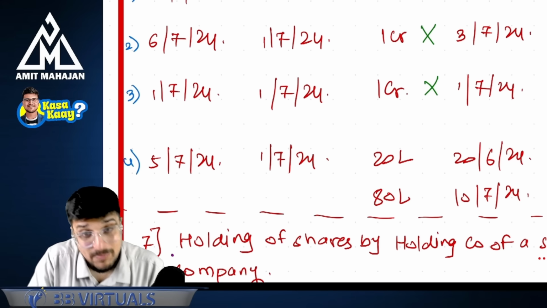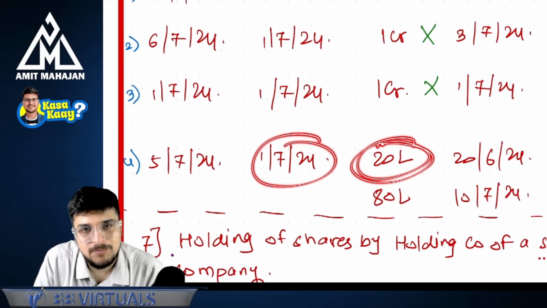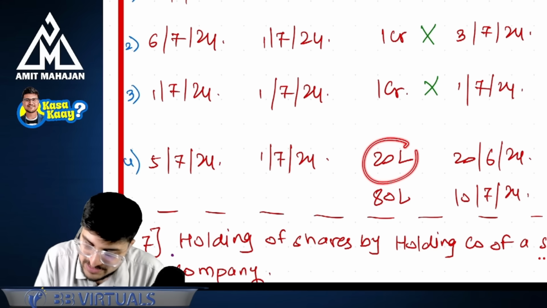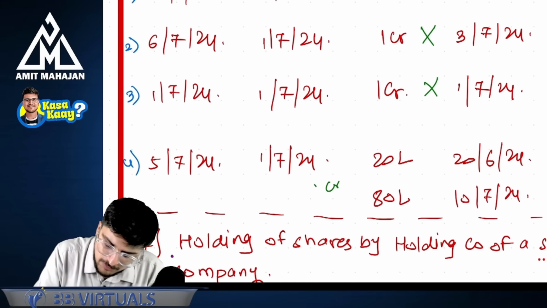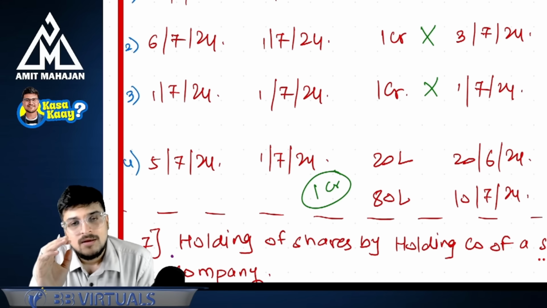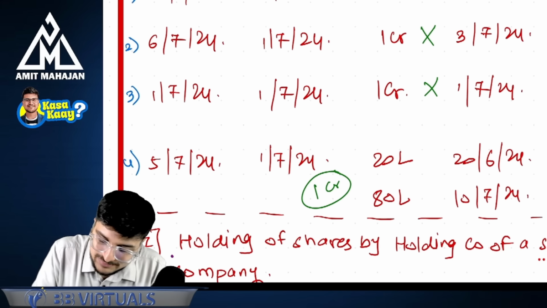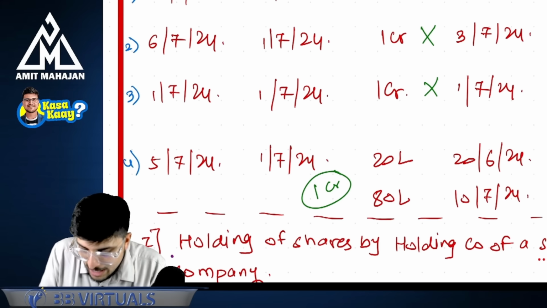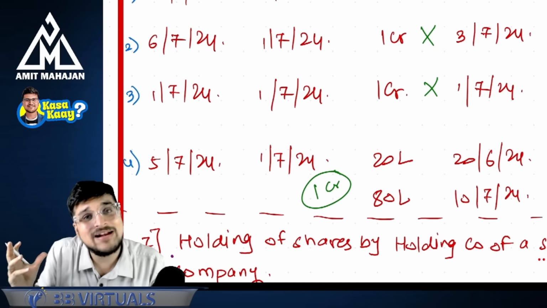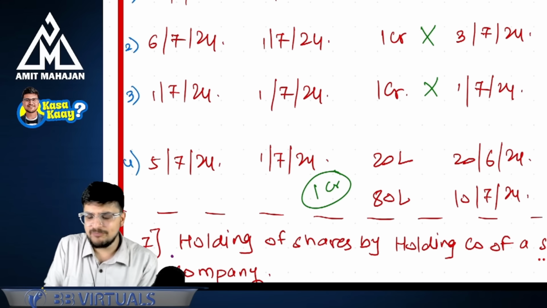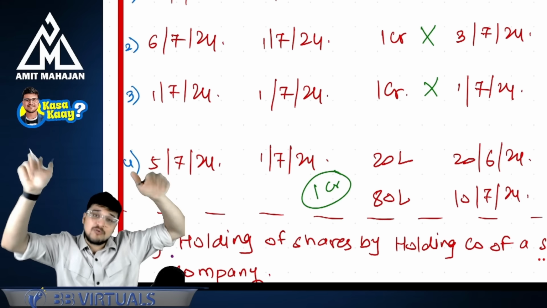Now many of you must be saying that sir, you have received consideration of 20 lakhs prior to 1/7, so there should be GST only on 20 lakhs. No, there will be GST on the entire 1 crore, because you have booked the entire flat by paying this advance amount. If you are paying the advance amount, are you booking only the toilet? No, you're booking the entire flat, worth 1 crore.